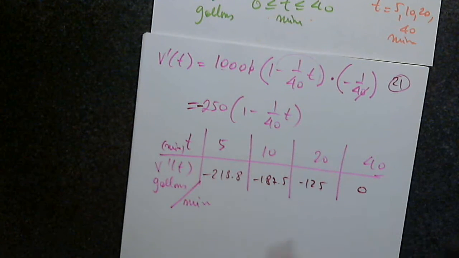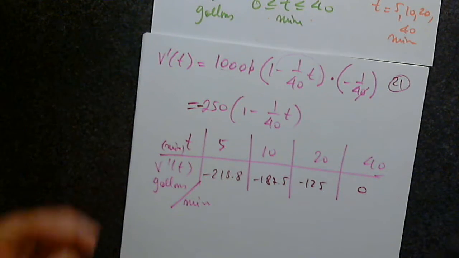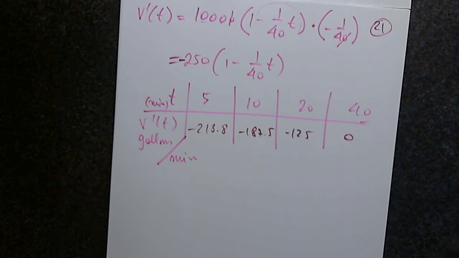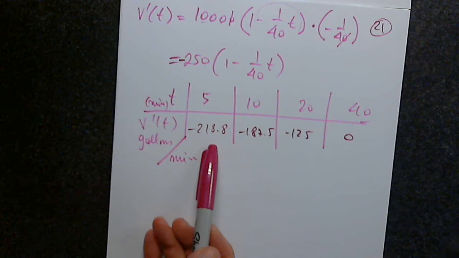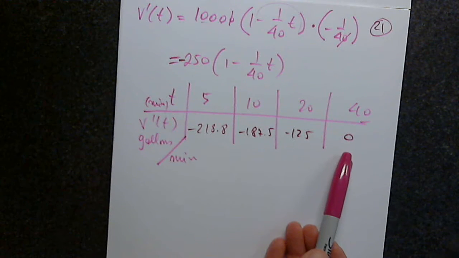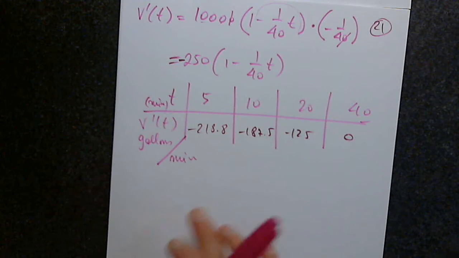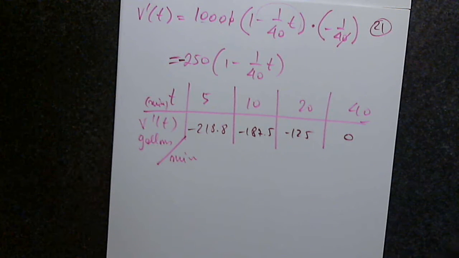Negative 125, and of course 0 at the end of the 40 minutes, because we knew that it will completely empty out in 40 minutes. So now the question is asking also, at what time is the fastest? We already know. The slowest? We already know. And summarize your findings. We already summarized them in a table. Any questions?